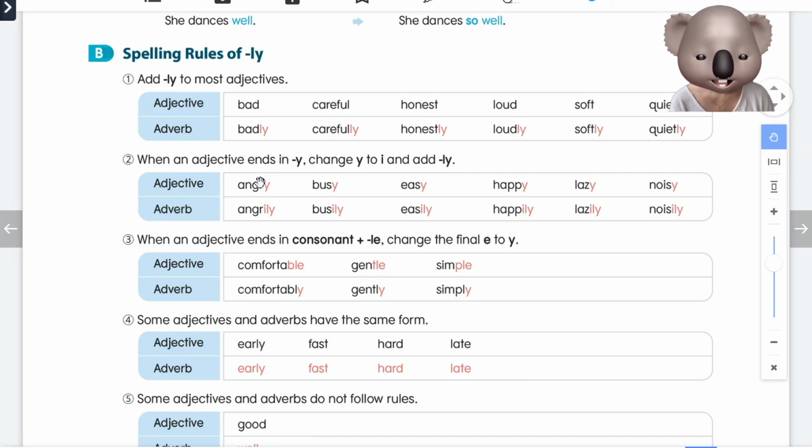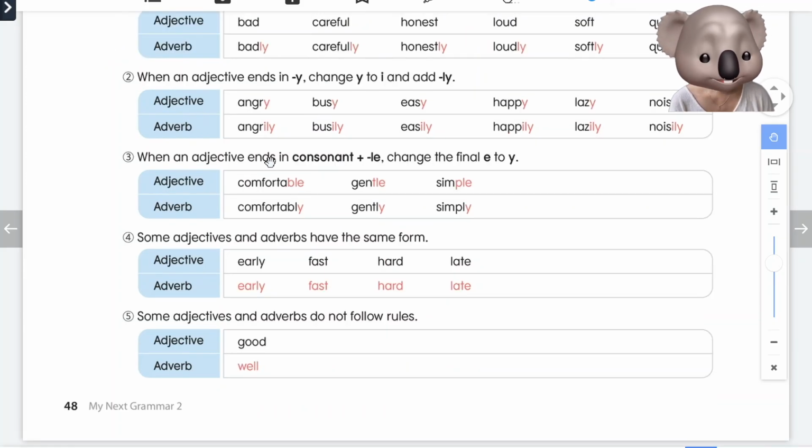For example, angry, 화나다. Angrily, 화나게. When an adjective ends in a consonant, a-e-i-o-u 아닌 letter, plus le, we need to change the final e, 마지막 e, to y. For example, comfortable, 편안. Change the e to y.